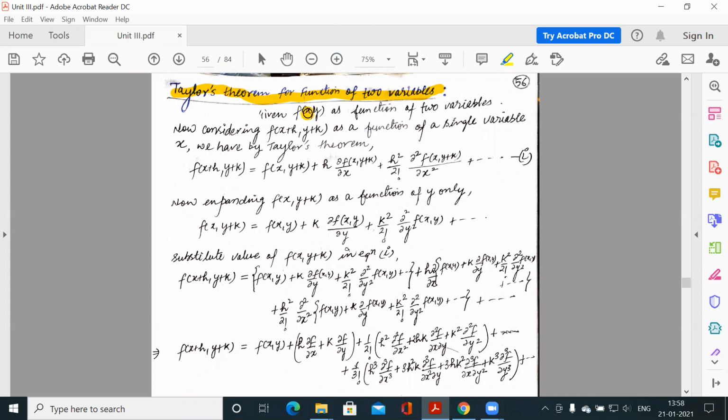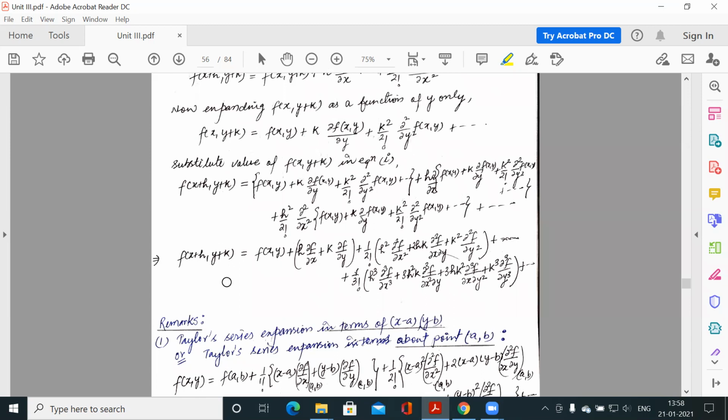Given f of x y as a function of two variables, what was the Taylor expansion for a function of one variable? About point a, it was f of x is equal to f of a plus x minus a f dash a plus (x minus a) whole square by factorial 2 f double dash at point a.